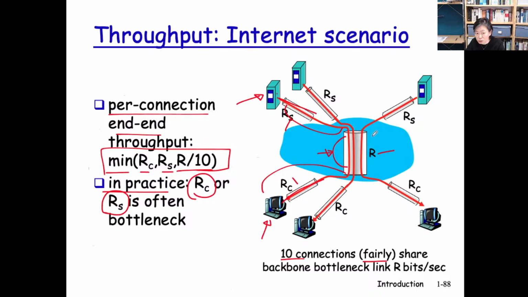This is also low, as opposed to the big R in the middle of the internet, in the backbone, which is usually large. It's just that nowadays, there are a lot more connections sharing the big R. Most of the time, RC and RS are the bottlenecks. But occasionally, when the network is really congested, R is not quite enough to allow all the connections demanding services.